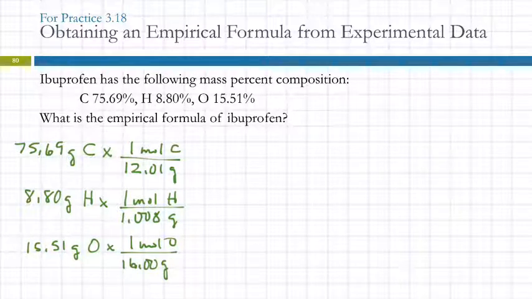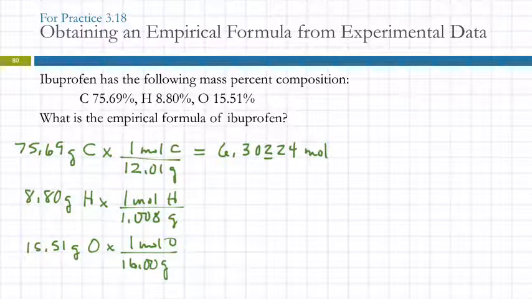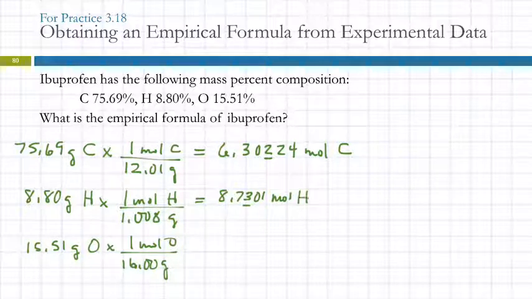So when I convert grams of carbon to moles of carbon, I get 6.3. I want to keep 4 sig figs. So that's moles of carbon. 8.7301 moles of hydrogen. You don't really have to keep track of sig figs here.